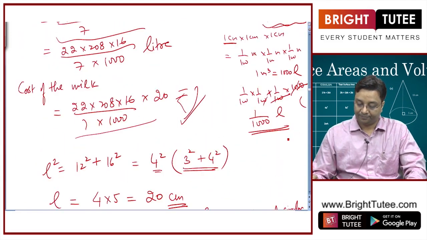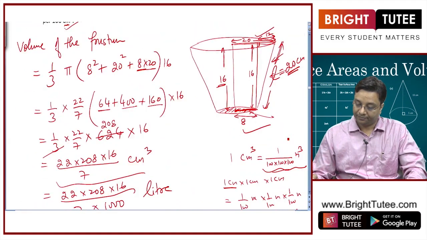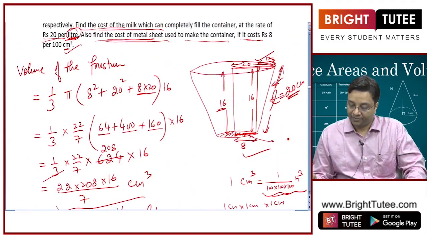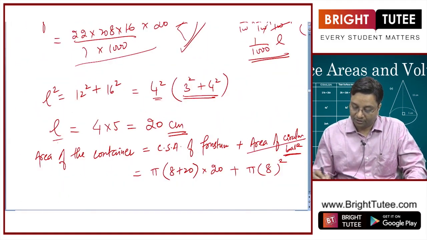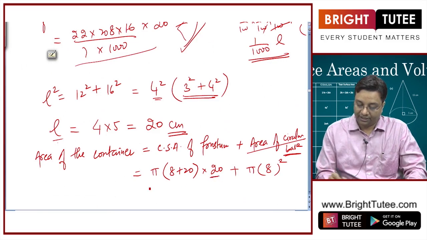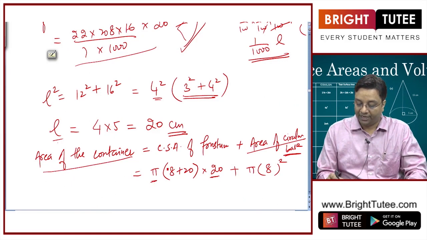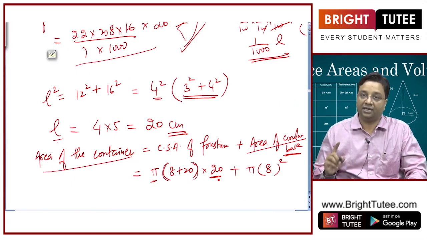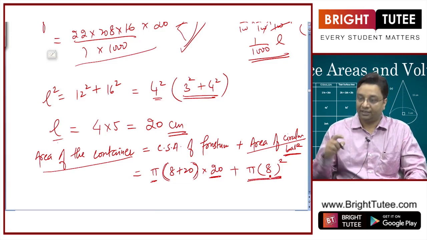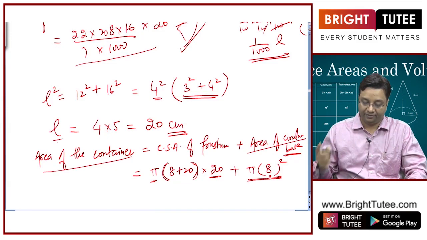So this is how the area of this container can be calculated. It is equal to pi R1 plus R2 into L, which is slant height, plus area of the circular base, pi radius of the base squared.